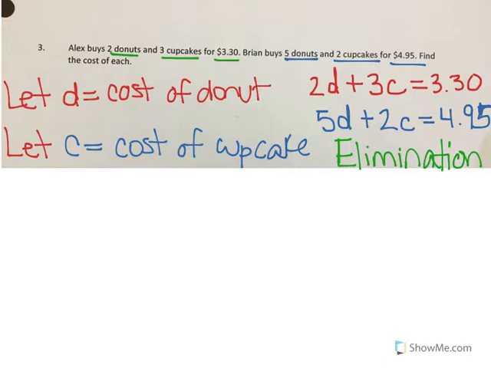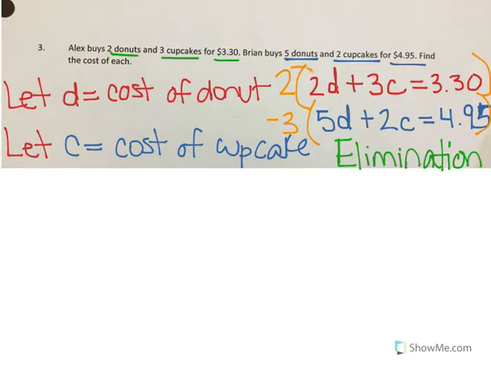So in order to cancel out the C's, I'm going to multiply the top equation by 2, and I'm going to multiply the bottom equation by -3. That way, my C's will turn into 6 and -6, and when I add the two equations together, they're going to cancel, and then I can solve for D, the cost of a donut. So I'm going to write my work down here.